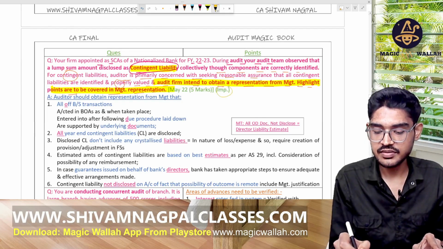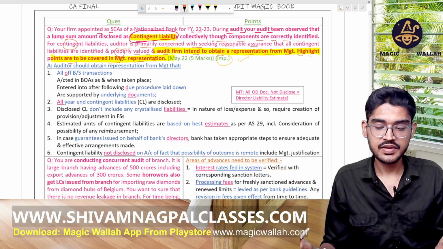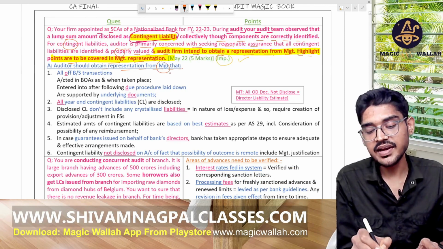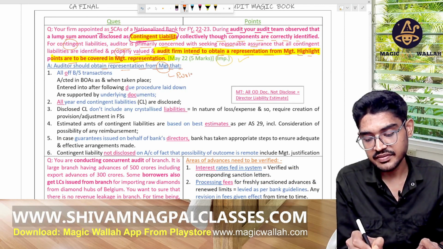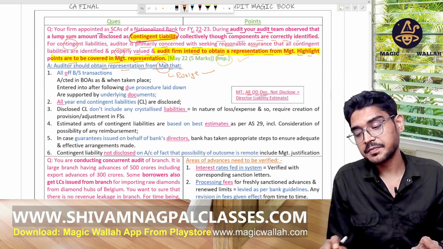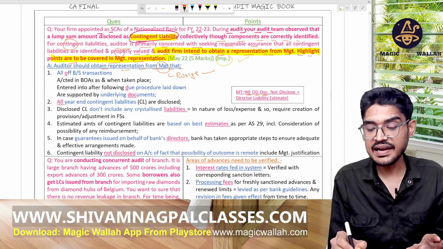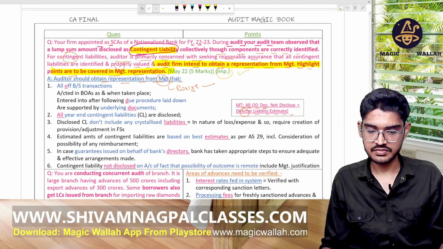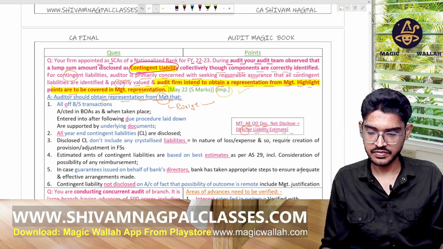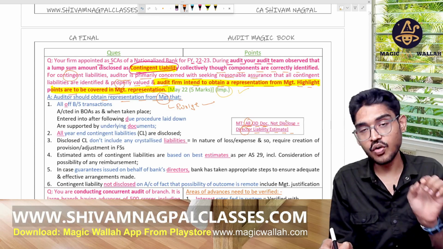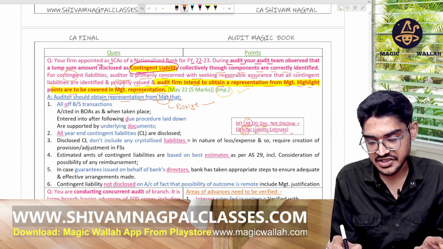This is an important question. The auditor should obtain the representation from the management in writing, covering all the OBS documents, notes to disclosures, and devolvement liability estimates.